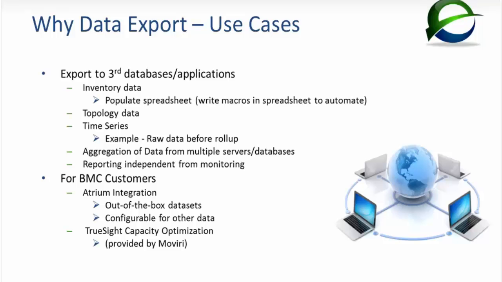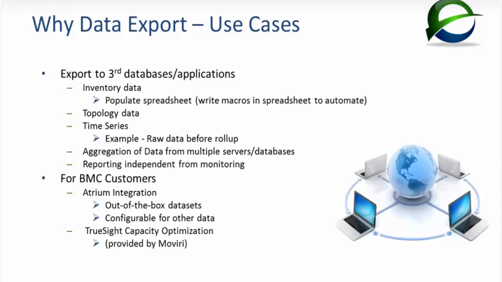So again, if you're extensively using reporting, it may be worth utilizing data export to export the data out and letting the Entuity server continue with its day-to-day operations of monitoring your network, and then using the exported data for more extensive reporting.